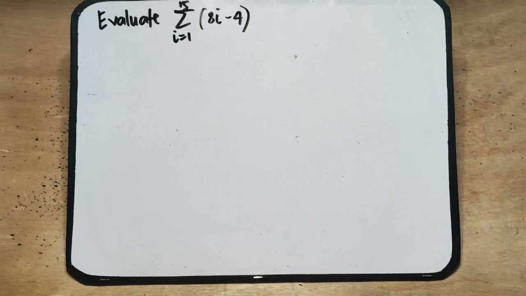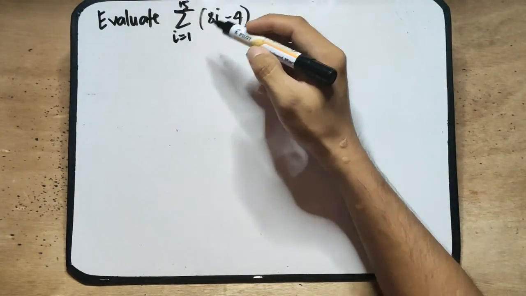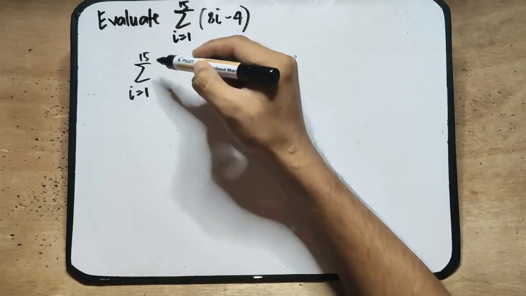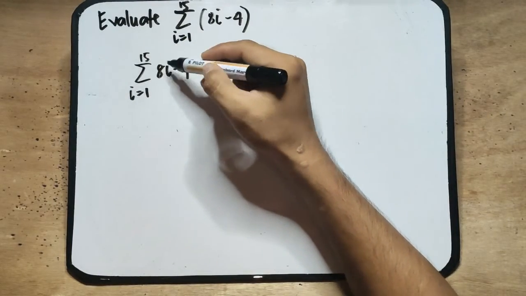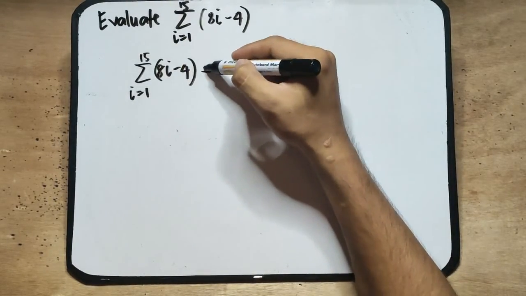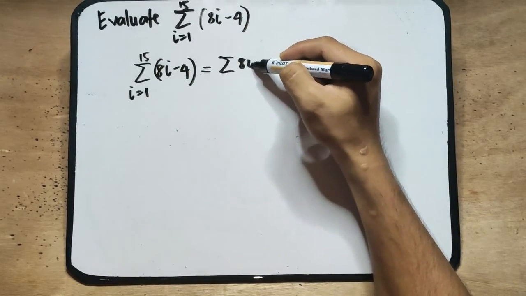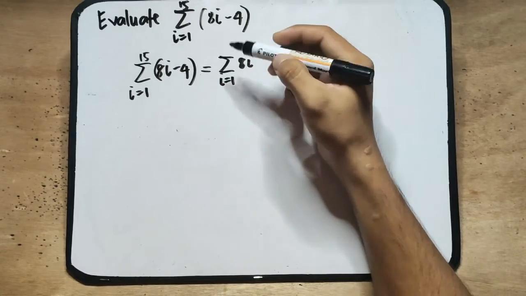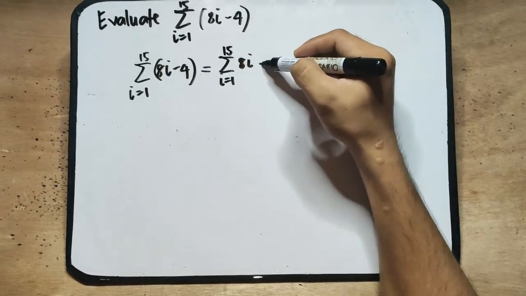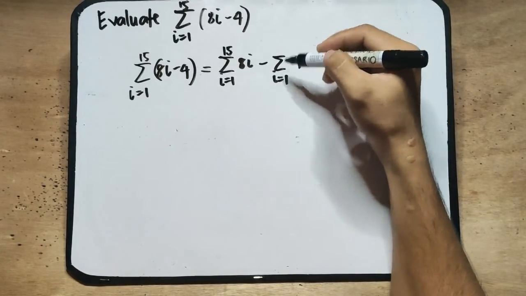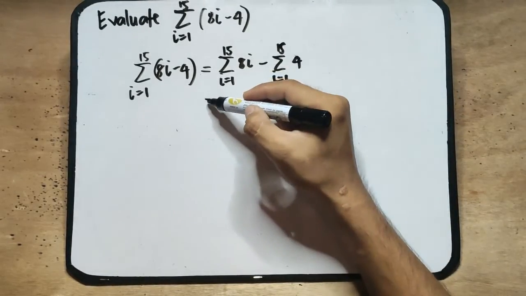Applying the properties of sigma notation, pwede natin silang paghiwalayin. Bibigyan natin sila ng separate summation symbol. We have the summation of 8i from 1 to 15 minus the summation of 4 from 1 to 15.